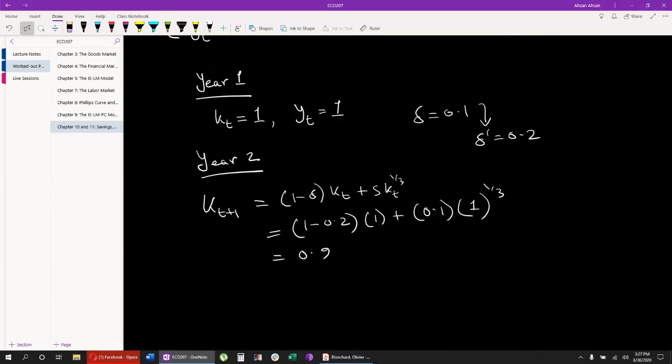If capital stock in year 2 is 0.9, then what will be output in year 2? Going back to the formula, output is K_t+1 to the power 1/3, so 0.9 to the power 1/3, and that gives us 0.966.